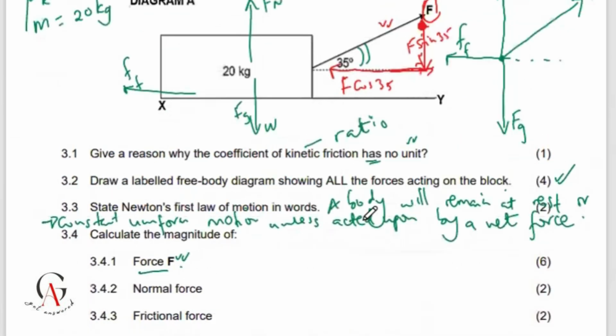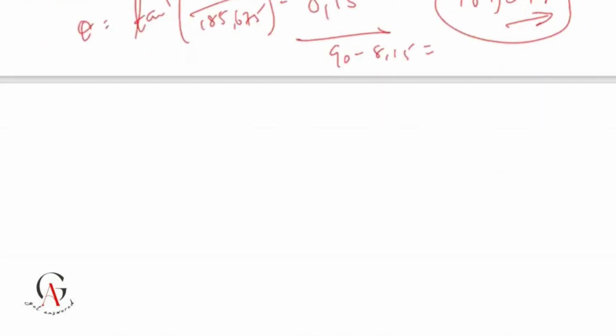Okay, for 3.4.1, they want us to work out the normal force. What are we going to do in this question? We can start by saying Newton's second law: F net is equal to ma.